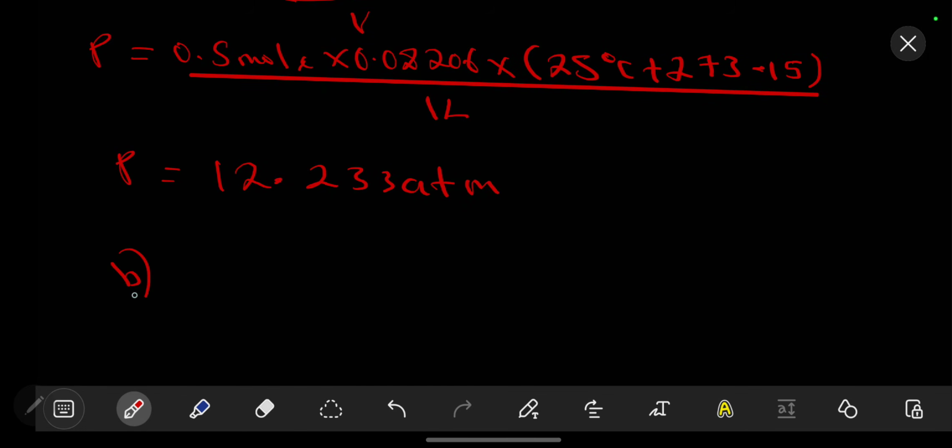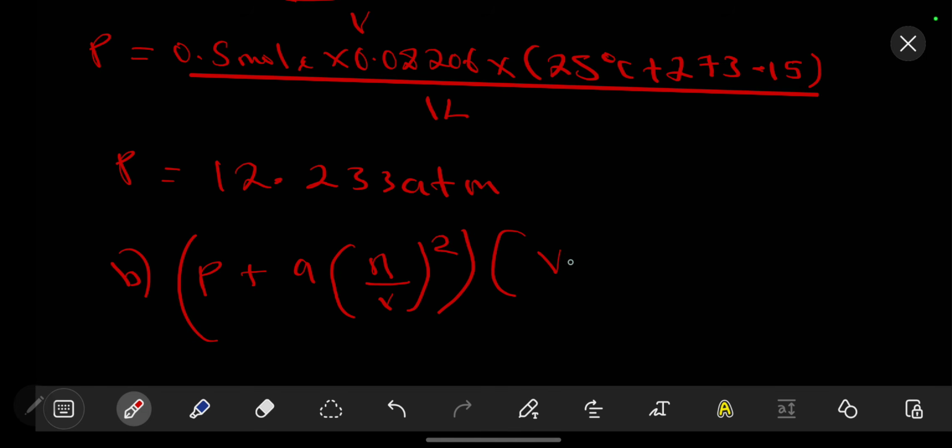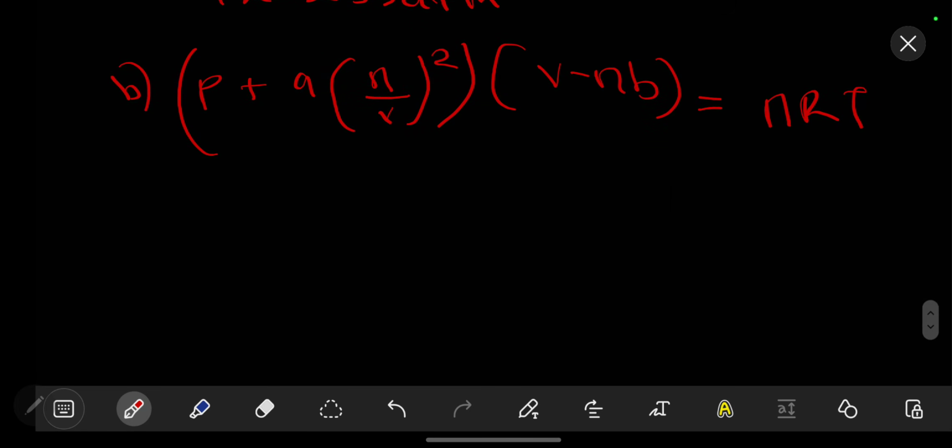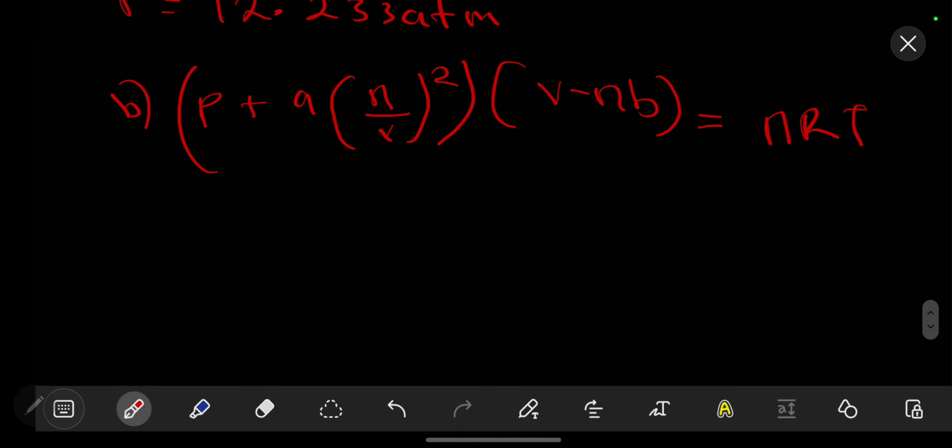Under the real gas equation, the formula is P plus a open brackets n over V squared, we close, then we have V minus nb, should be equal to nRT. So we are going to make pressure the subject of the formula.